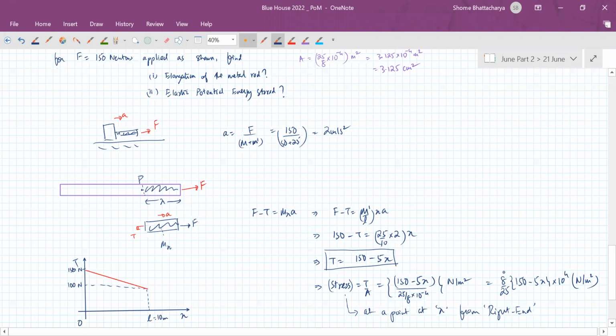Once we found this non-uniform stress, next we can take a differential element whose natural thickness would have been dx, but because of the deformity, its thickness is dx plus delta of dx. We can apply both the concepts to it, the Hooke's law concept and also the energy density concept, for calculation of the two separate things.